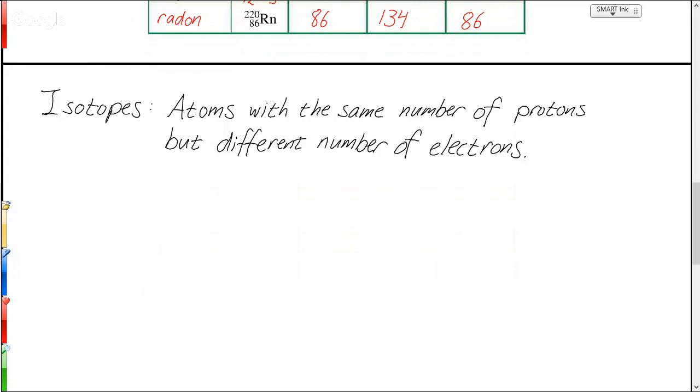All atoms have different isotopes. Isotopes does not just mean different ones or unusual ones, it's all of them together.